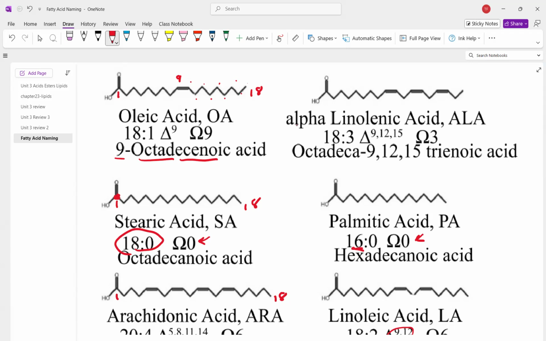So we have to label this. In the configuration I have up here at the top, it would be cis-9-octadecanoic acid. Okay? Do those make sense? Okay, so let's go.